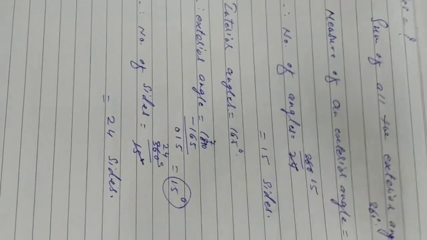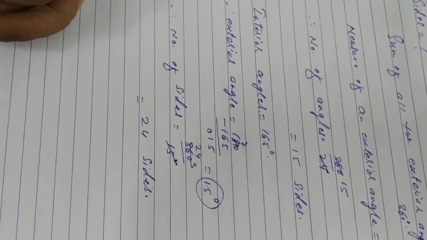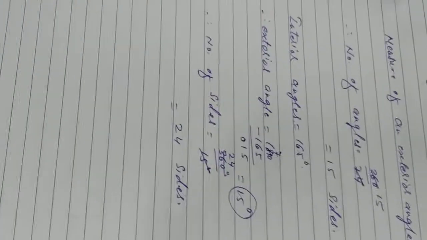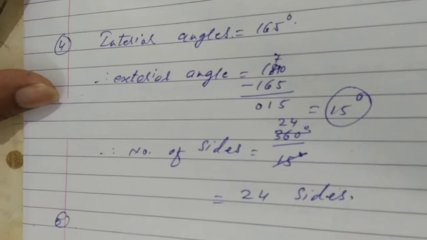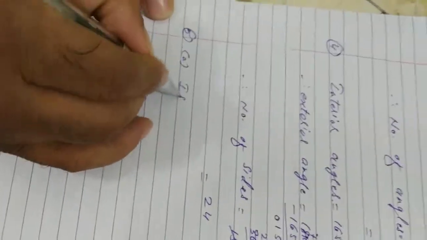Now let's go with the next example number 5. Is it possible to have a regular polygon with the measure of each exterior angle as 22 degrees? Let's try to find out. What is the question?